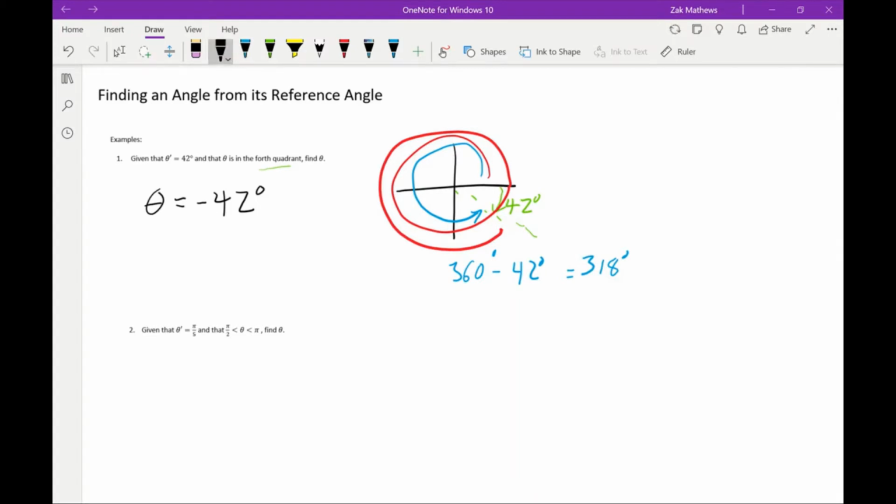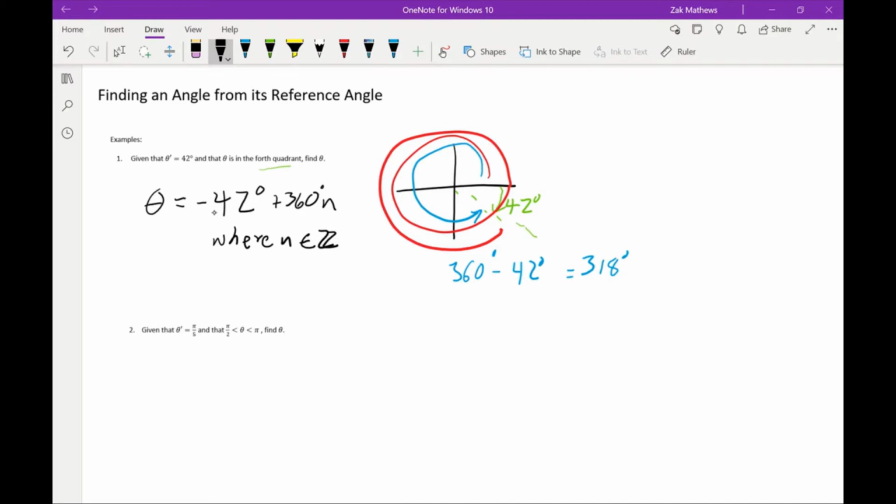We've seen this a couple times before. We know that we have these coterminal angles that continue to get us back to the same position. I can't forget about all those coterminal angles. They're all correct angles. So the way I can write that is negative 42 plus 360 degrees times n, where n is any integer.